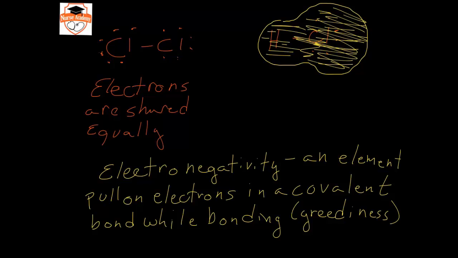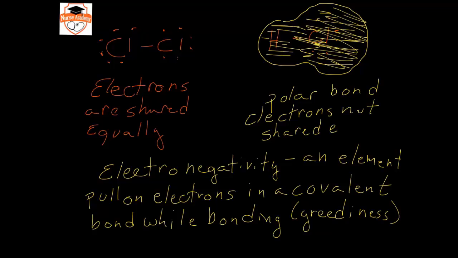Basically, we would say that this is a polar compound or polar bond where electrons are not shared equally. And so we actually would draw a little positive charge here and a little negative charge here to show that over here, this part of the molecule is much more negative than this part of the molecule.